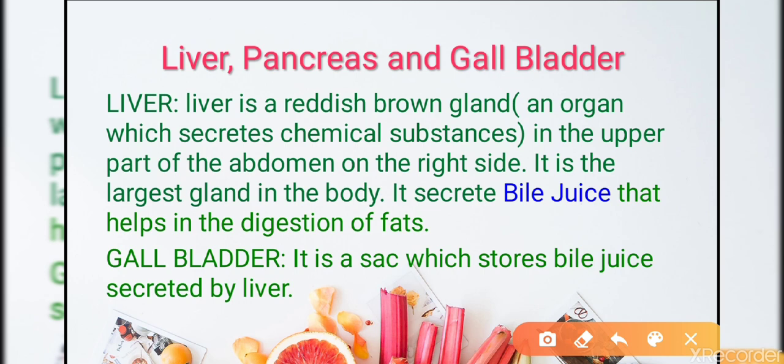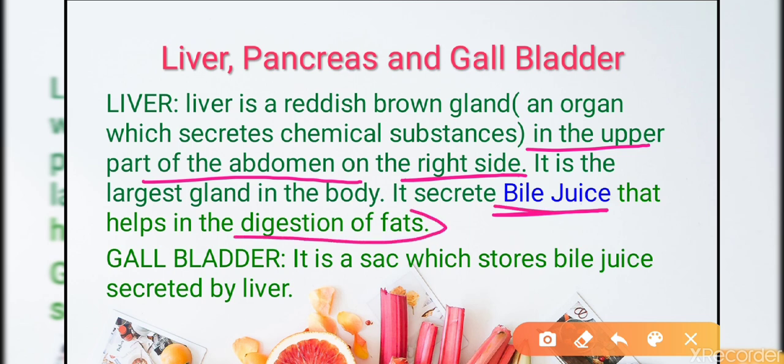It is located in the upper part of the abdomen on the right hand side. This liver secretes bile juice which helps in the digestion of fats.